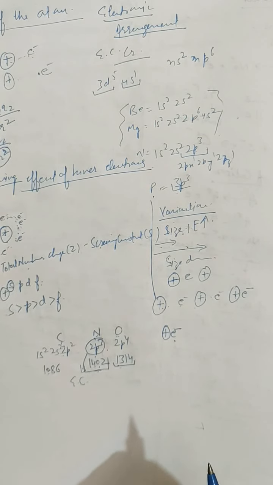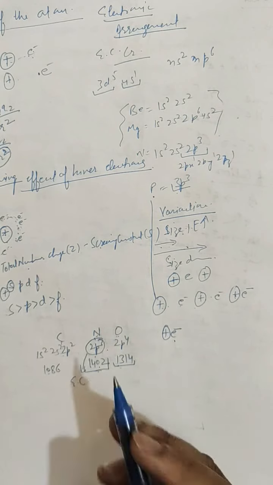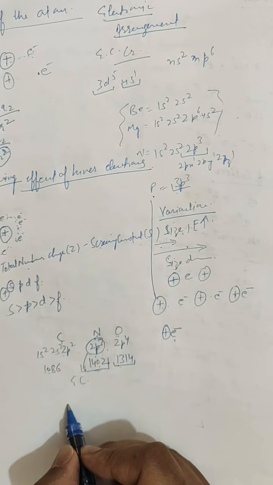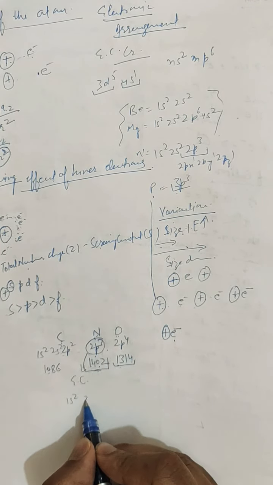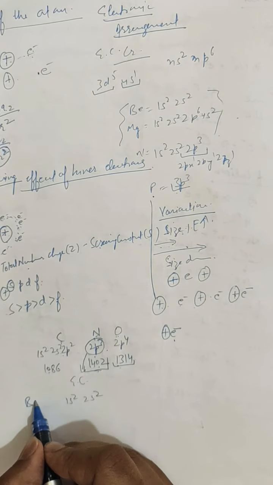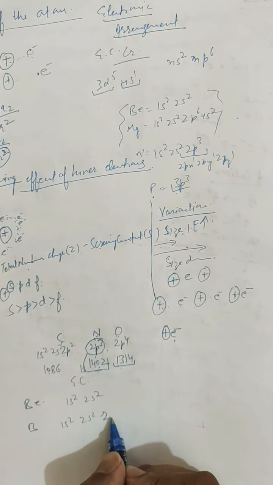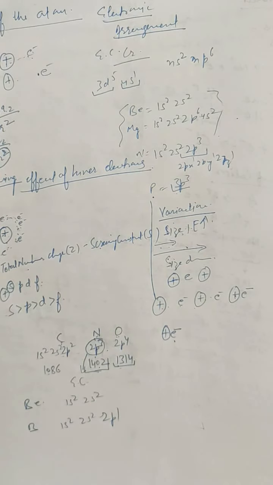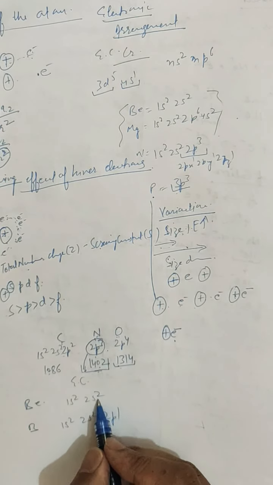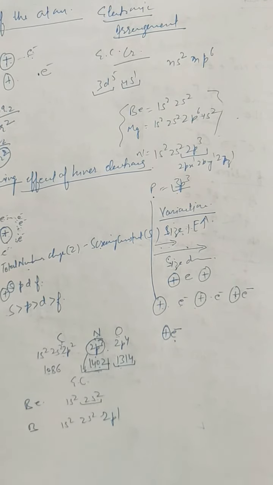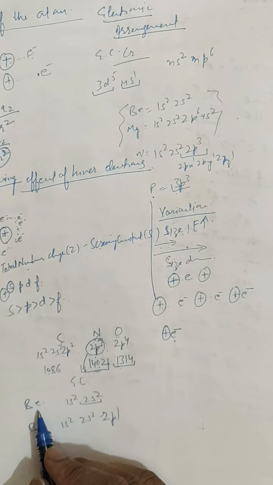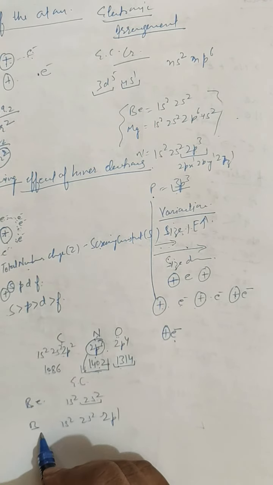So you can compare other elements like beryllium and boron. Beryllium has the outermost electronic configuration 1s2 2s2, and boron has 1s2 2s2 2p1. Now I told you that the 2s2 electronic configuration is stable, and here you have been asked to compare beryllium and boron.